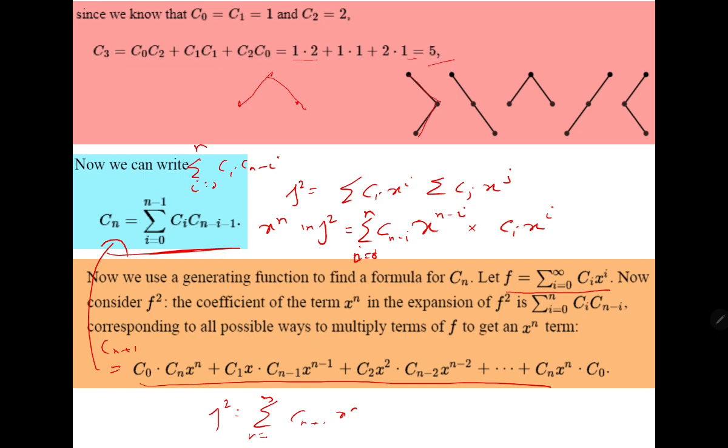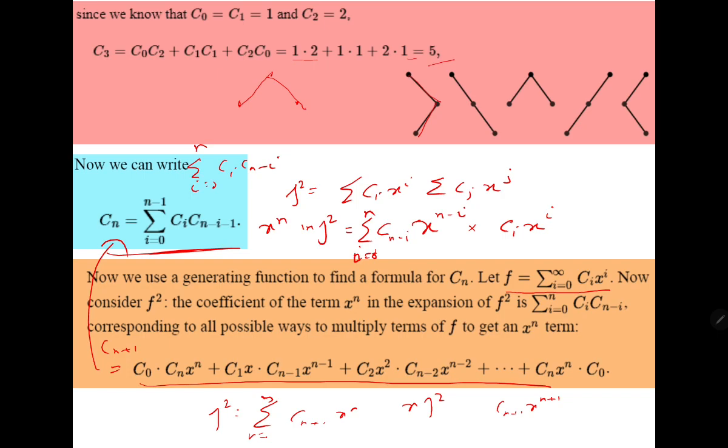Yes, now I want to see a relation between f square and f. So this is my f square. Now in f square, the first term is C1 x raised to the power 0, C2 and so on. So I multiply it by x, so x f square gives me Cn plus 1 x raised to the power n plus 1.